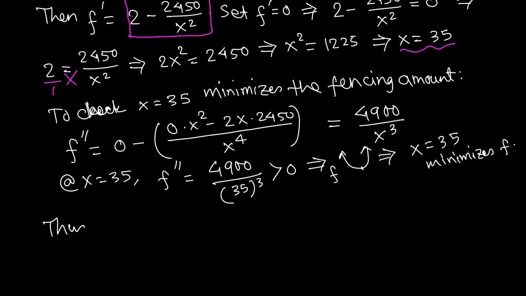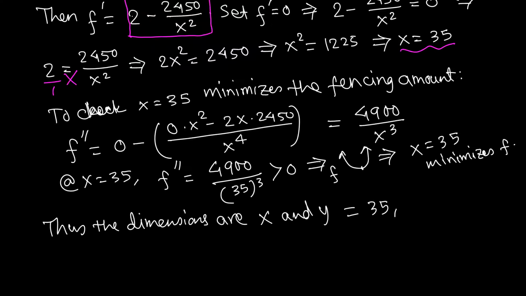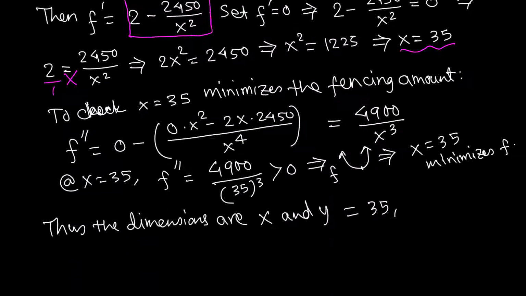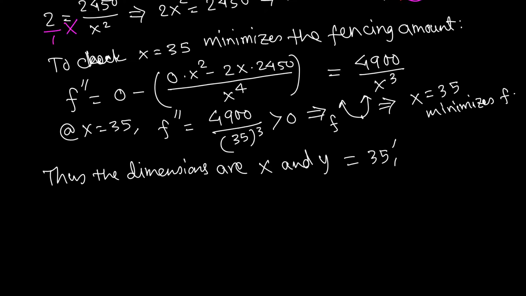Thus the dimensions for minimum amount of fencing are x and y, that is x is 35 and y is 1225 divided by 35. The units are feet. So 35 feet, and 1225 divided by 35 is also 35. So 35 feet by 35 feet. Final.